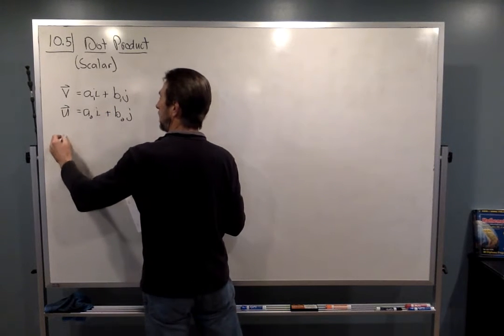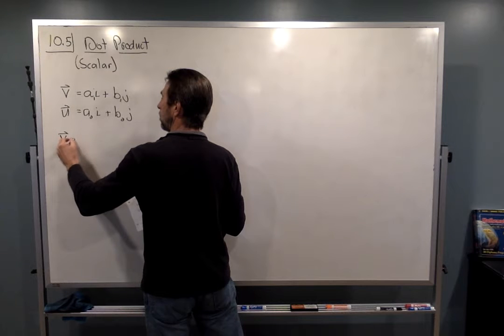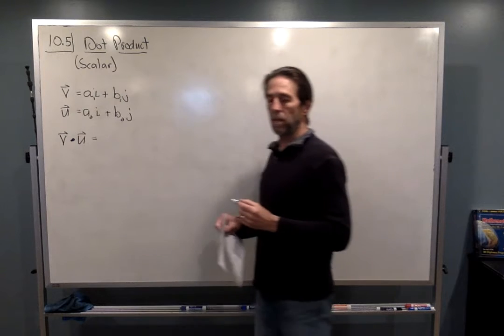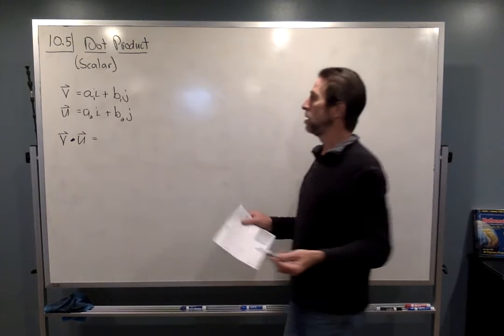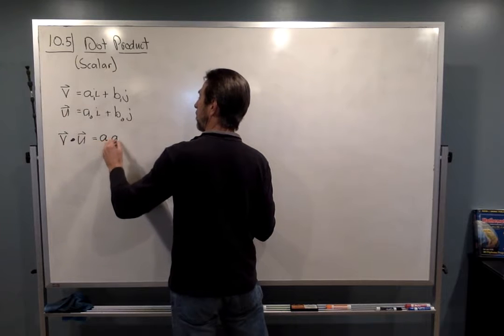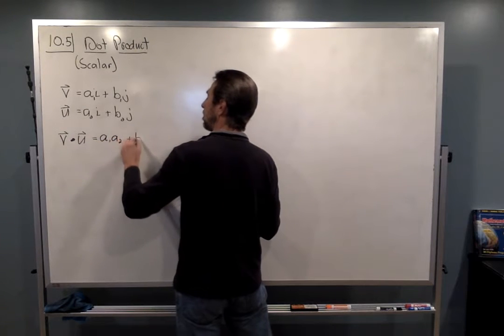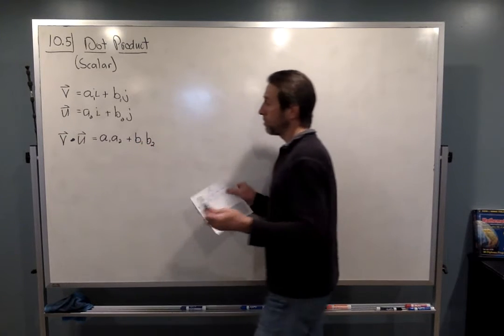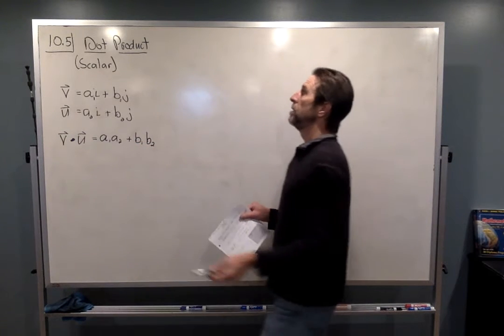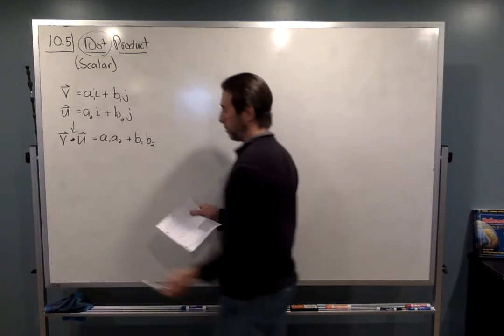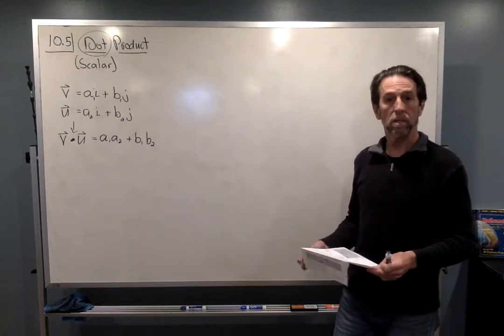V dot U is basically the sum of products. It's going to be the 2 coefficients of i multiplied together, so a1 a2, plus the 2 coefficients of j multiplied together. And that's going to give us a number. You can maybe see why we call it a dot product, because there's a big dot in between. It's as simple as that.